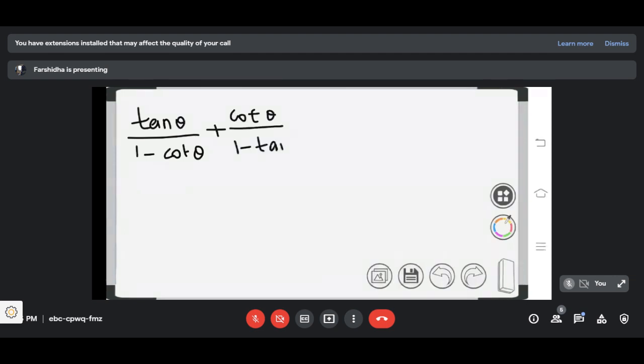Okay, I have taken the LHS now: tan theta by 1 minus cot theta plus cot theta by 1 minus tan theta.